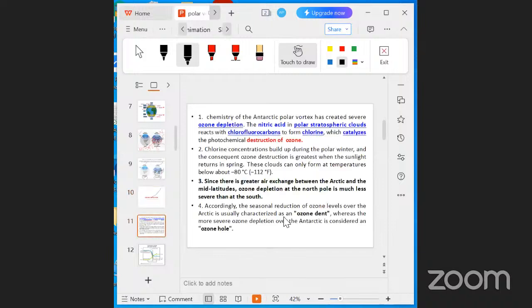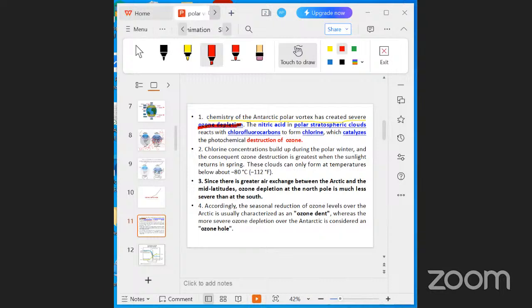Let's understand the chemistry. The chemistry of the Antarctica polar vortex has created severe ozone depletion. Antarctica has lots of ozone holes, as we know, right? All of you know about that?